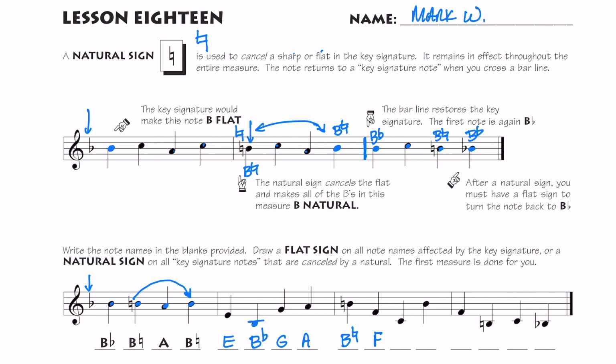F, C. Here's another B. Remember that the natural remains in effect for the whole measure, so I have to draw my natural sign. Okay? F, B natural, C, and then this is obvious, B flat.